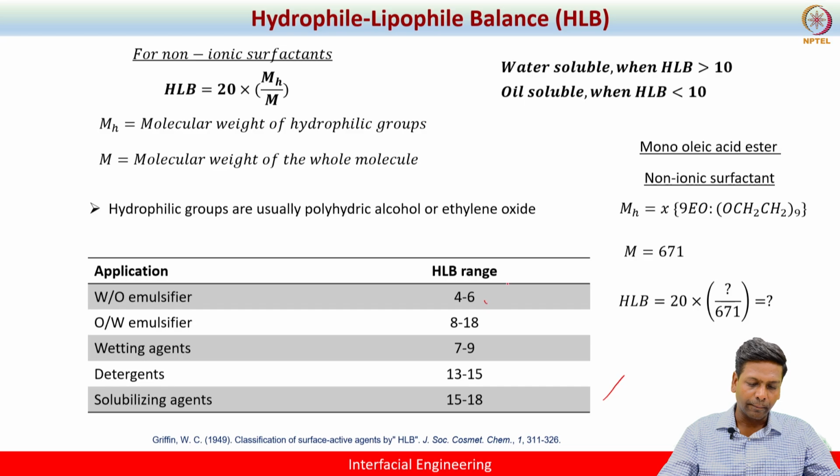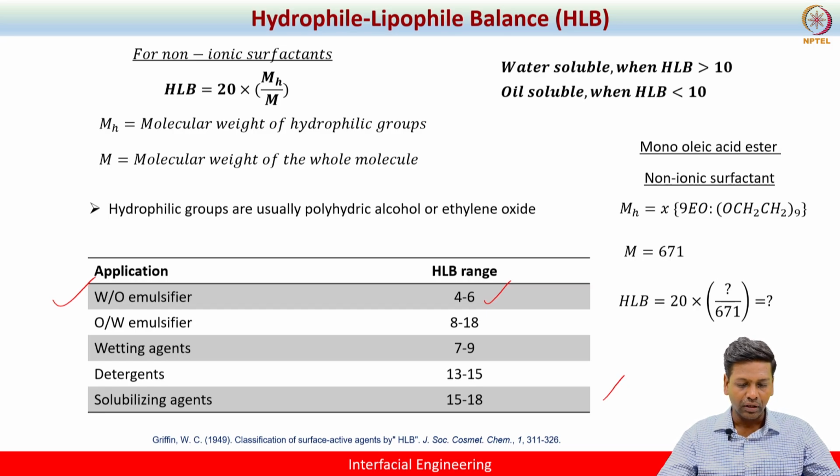For example, if the HLB range of a given surfactant is, let's say, 4 to 6, you can say that this particular surfactant will most likely stabilize a water in oil emulsion, meaning the emulsion formed by the action of this surfactant will be of the water in oil type.